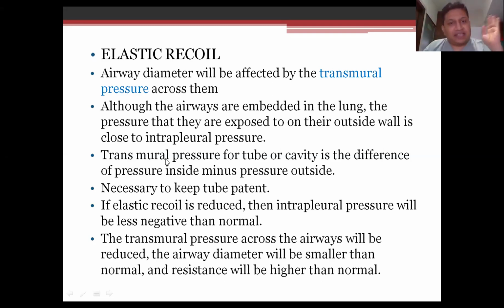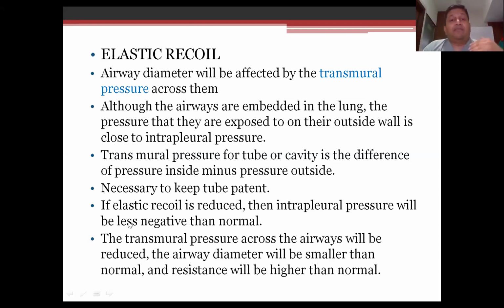So the transmural pressure, for the tube or cavity, is the pressure inside minus pressure outside. So if outside pressure is negative, then your transmural pressure is always positive and it will keep your airway patent.